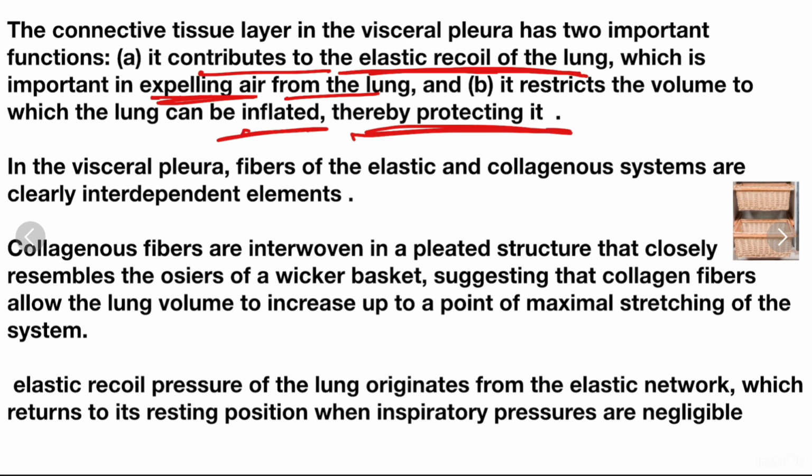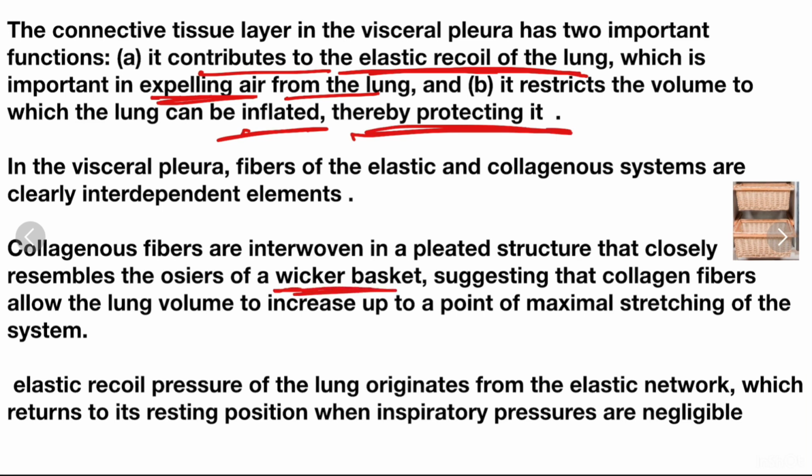Then they say that in the visceral pleura, fibers of the elastic and collagenous systems are clearly interdependent elements. Collagenous fibers are interwoven in a pleated structure that closely resembles the osiers of a wicker basket, like this.